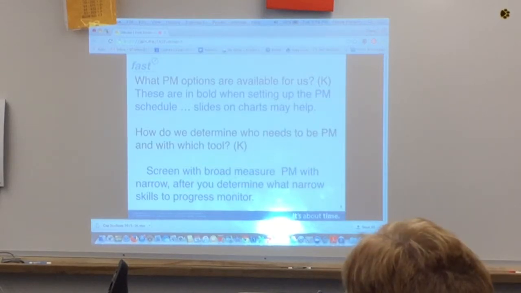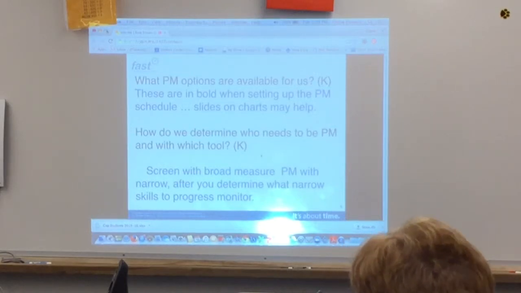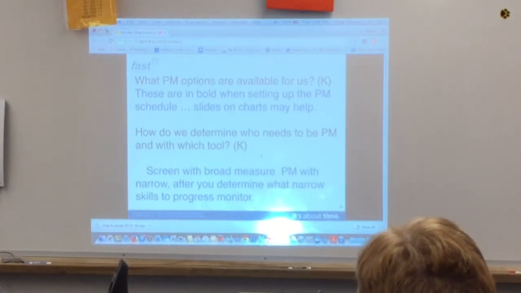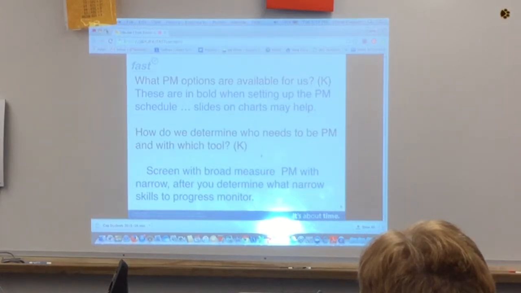You always screen with a broad general outcome measure, something that spans the school year and involves lots of students. But when a student shows a deficit, you want to progress monitor with a narrow measure, where you hope meeting the benchmark will be attained in a fairly short period of time. It's not something you'll necessarily work on the entire year. So we will talk more about that, but you're always progress monitoring with a narrow measure, particularly in the math area.